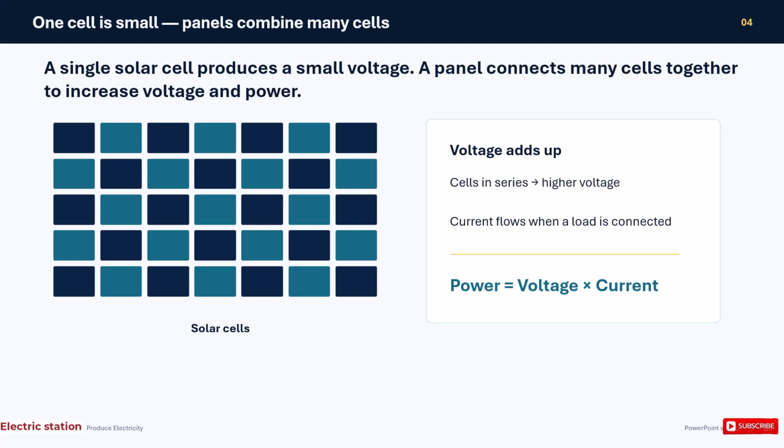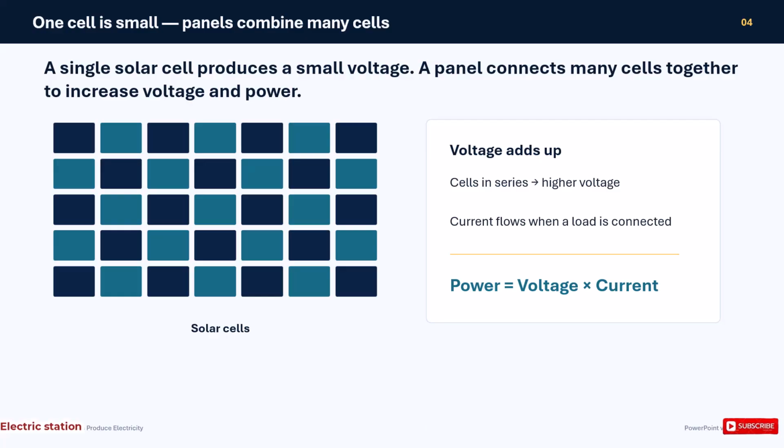When the complete panel is connected to a load or solar system, current can flow through the circuit. And electrical power depends on both voltage and current. Remember this important relationship. Power equals voltage multiplied by current. So, by combining many solar cells, we can produce useful levels of voltage and power.